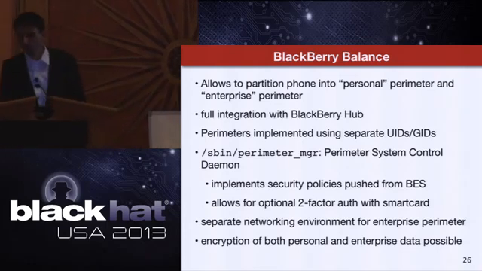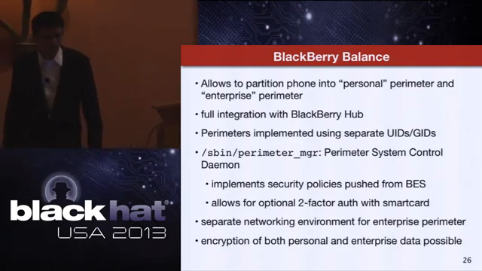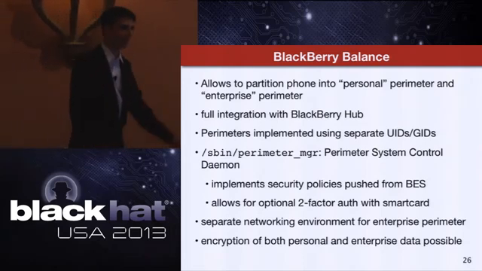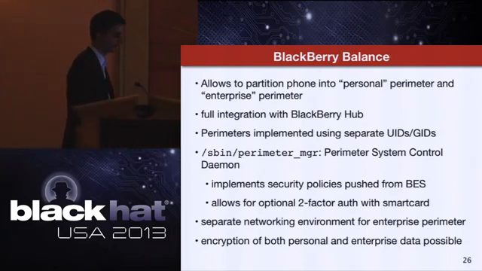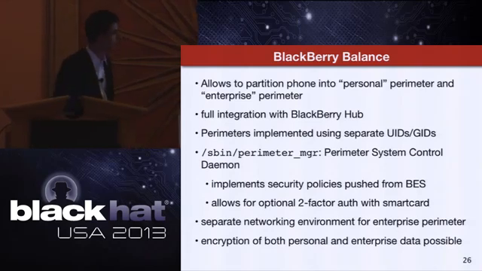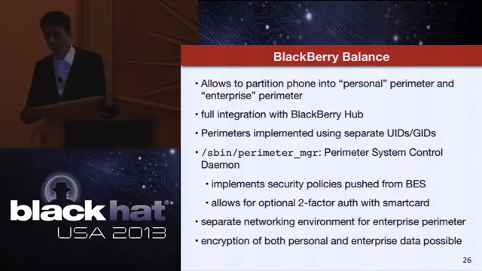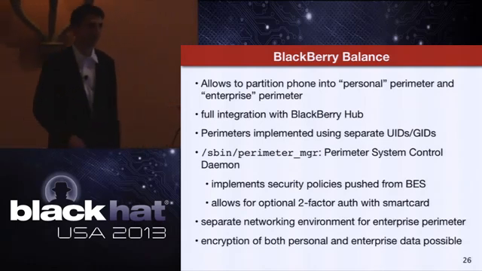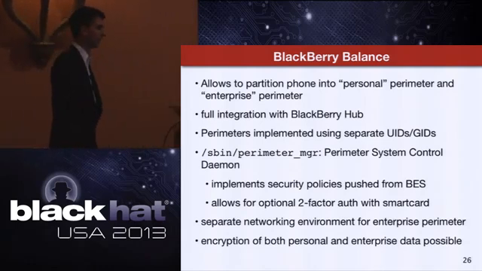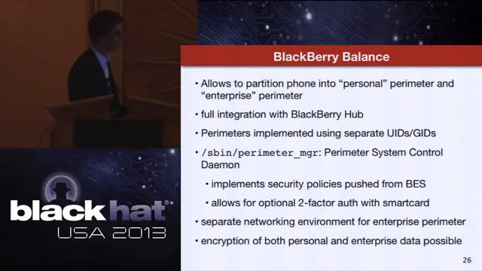And the Perimeter Manager is the thing that actually implements all of this, that gets the policies back from the enterprise server. It translates the security policies to things that are usable for the rest of the system, for instance, to Authman configurations, and also allows for optional two-factor authentication with the smart card.